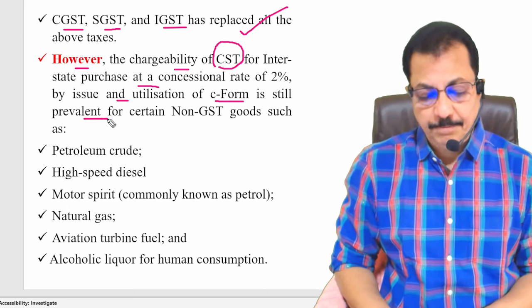So these are kept out of the purview of GST. That is the reason why they are considered to be non-GST goods. Very, very important one. Am I clear? Next. Whatever the possible and probable question I told you, please remember that one. It may be asked in the examination.